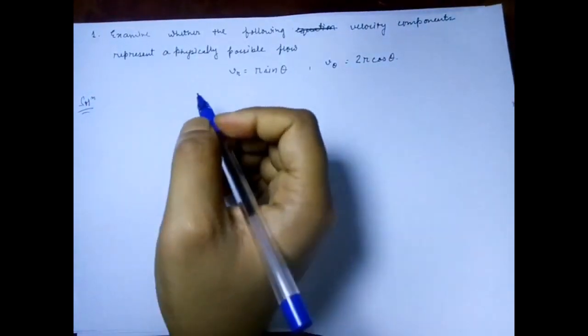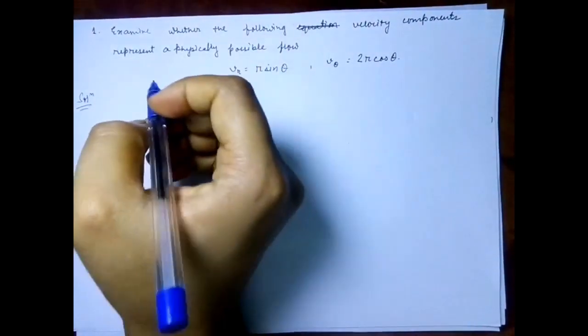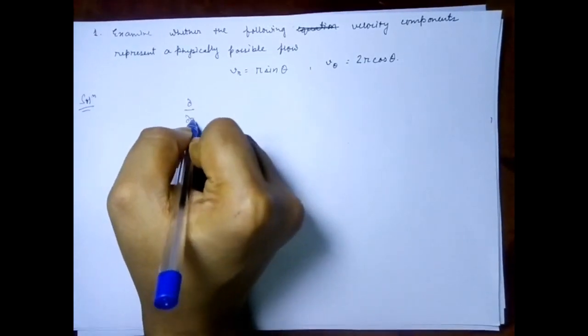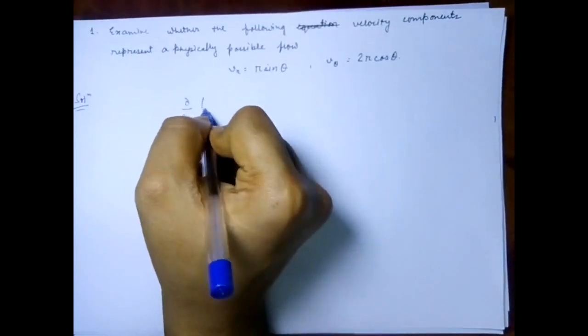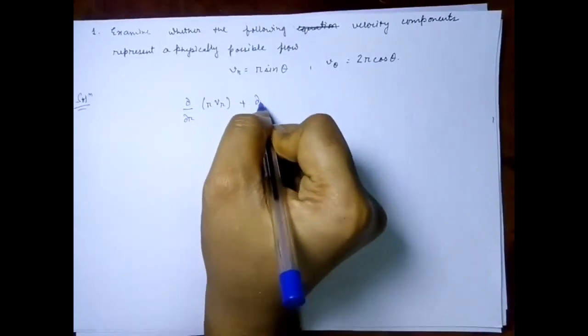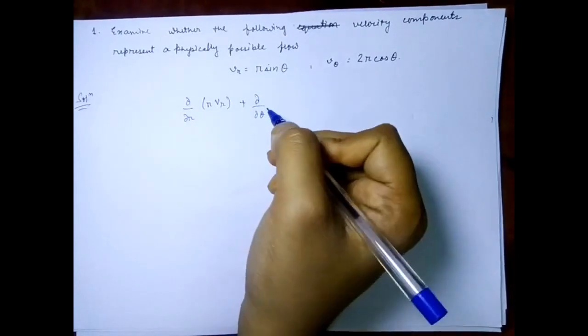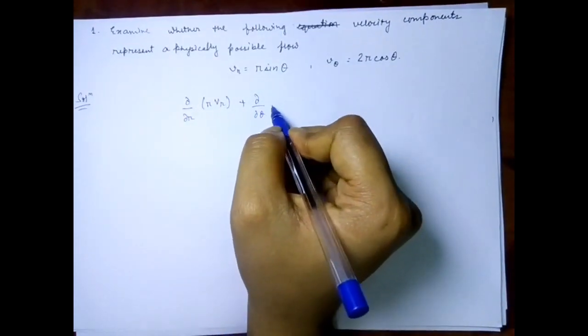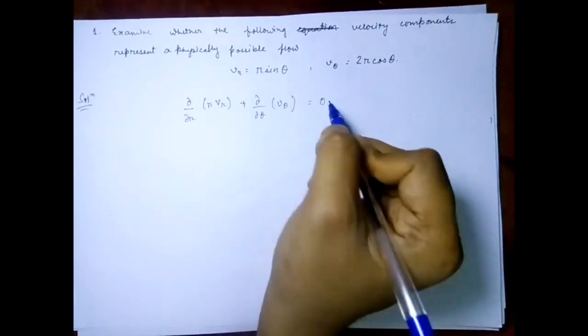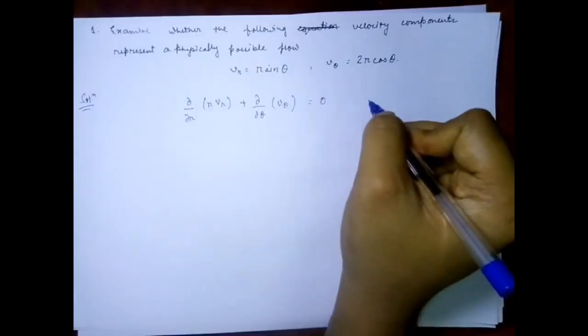So for the flow to be continuous, this particular equation, del upon del r of r Vr plus del upon del theta of V theta, should be equal to 0, and this should be satisfied.